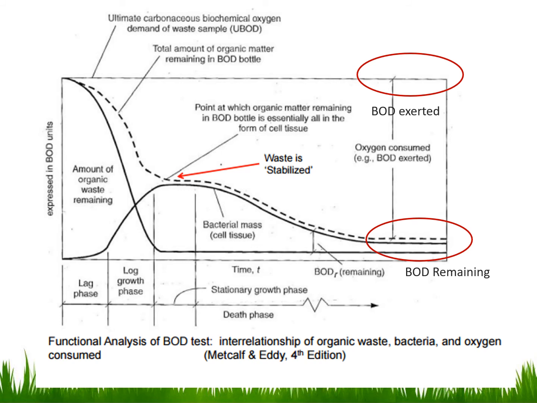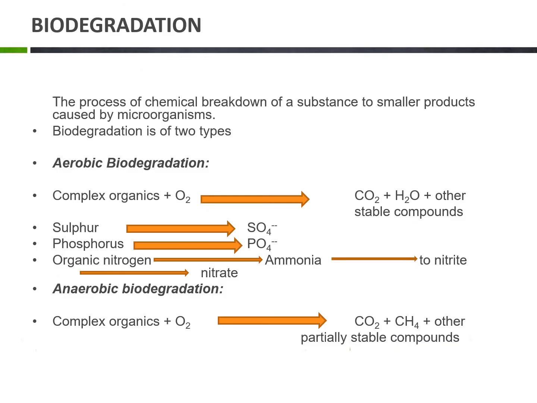Now, these are the dead microorganisms that make the major portion of this organic content in the bottle, and then it will continue as minimum as possible. So please go through this graph. It's self-explanatory, very important to clarify the concepts.